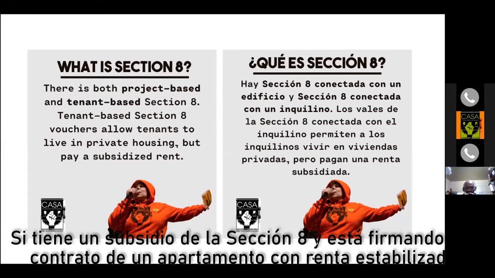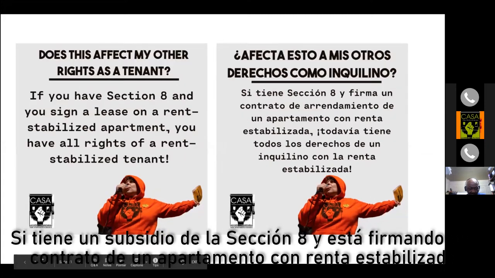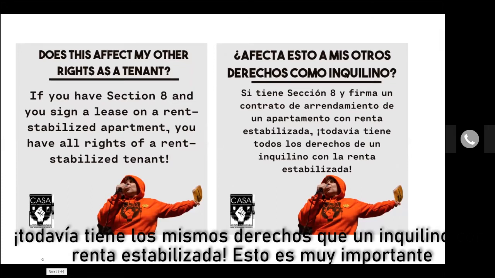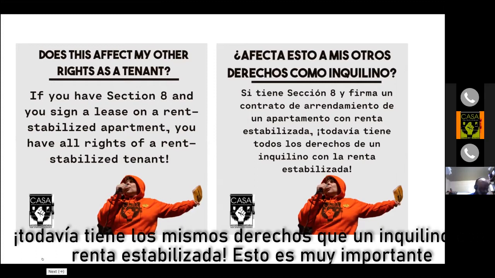If you have a Section 8 voucher and you are signing a lease on a rent-stabilized apartment, you still have all of the same rights as a rent-stabilized tenant. This is very important.